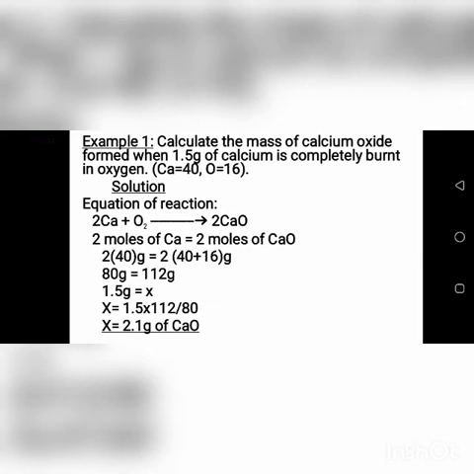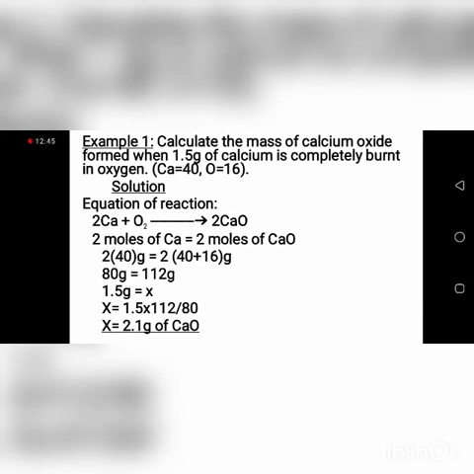For calcium oxide, that 2 will affect both calcium and oxygen at the product side. So 2 open bracket 40 plus 16; when you multiply, you'll have 112 grams. So 80 grams of calcium will react with oxygen to produce 112 grams of calcium oxide.